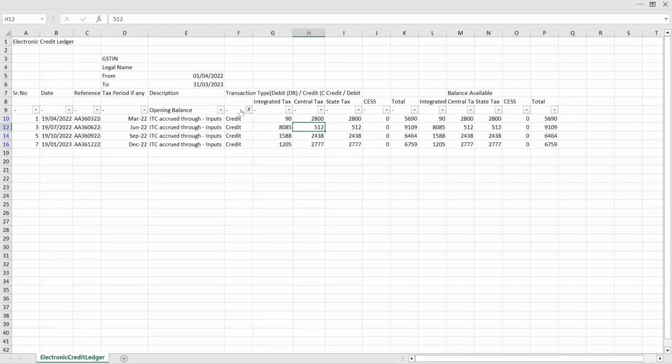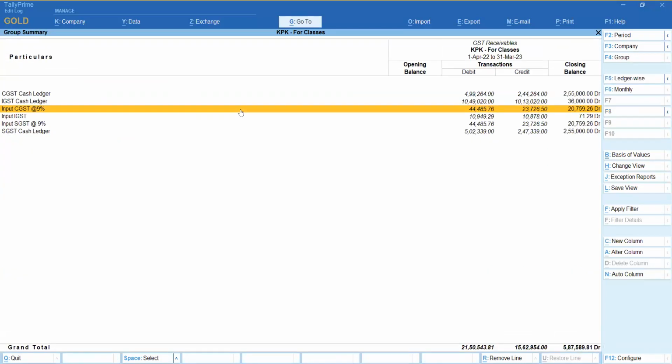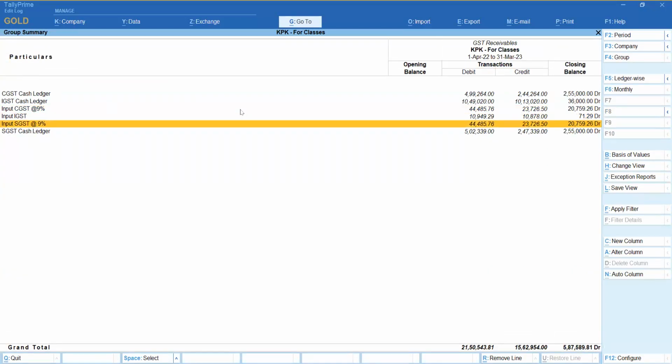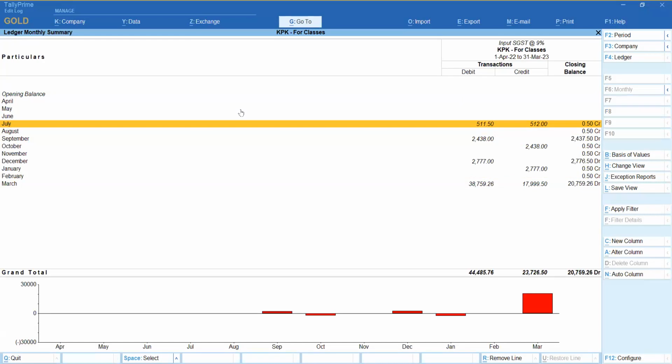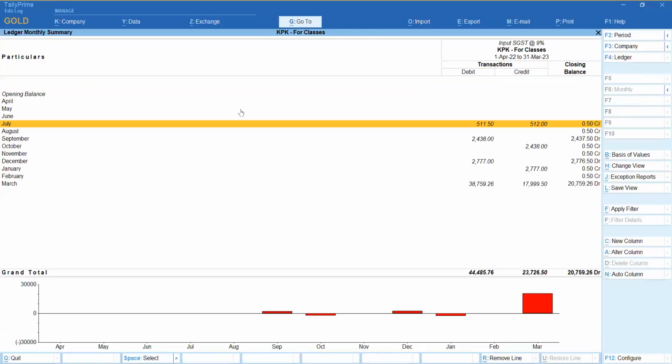Okay, same way, I will show you SGST also. So here also I have taken a single entry where it is getting distributed between CGST, SGST and all. Okay. So let us not worry about it. If it is there in CGST, then SGST also is there. If it is there in SGST, CGST also is there.